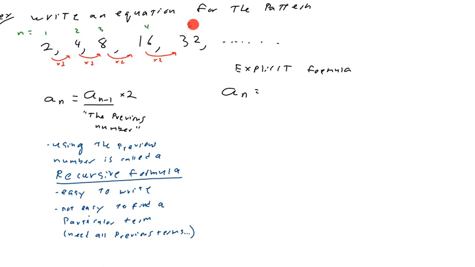So this n value, this number up here, is telling me how many 2's I multiply together. Five 2's multiplied together make 32. So the way I can write this equation, it could be 2 to the power of n.